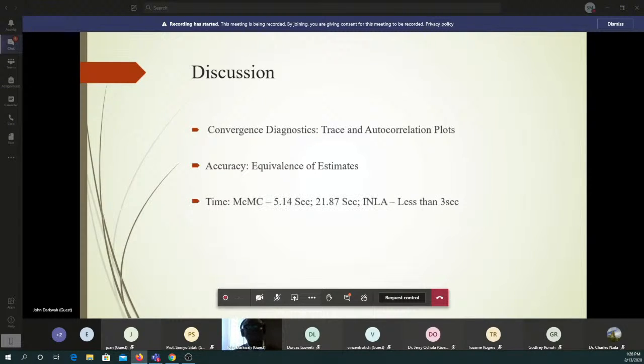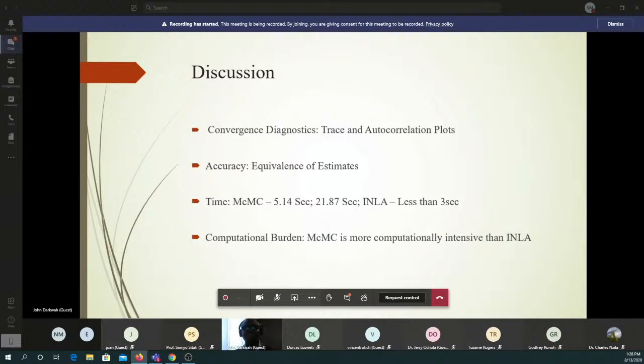And then when we look at the time, we actually timed the processes, and MCMC for the simple linear model took 5.14 seconds to give us the realizations, and for the generalized linear model, it took 21.87 seconds. But INLA in both instances took less than 3 seconds.